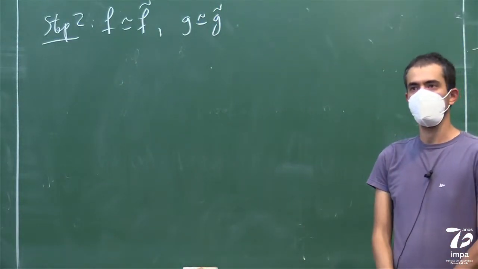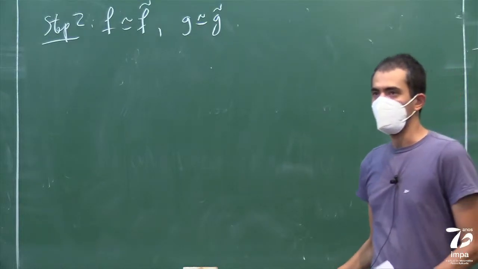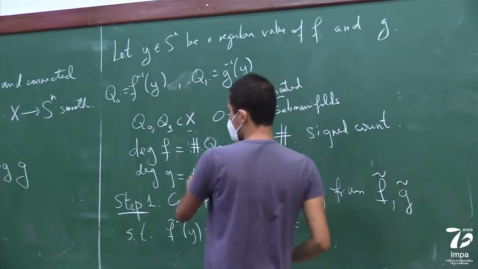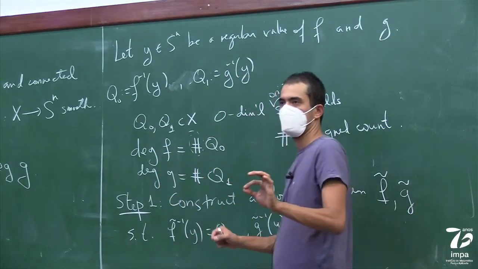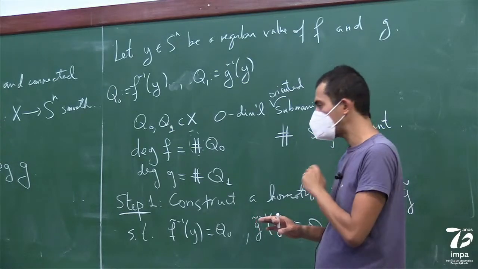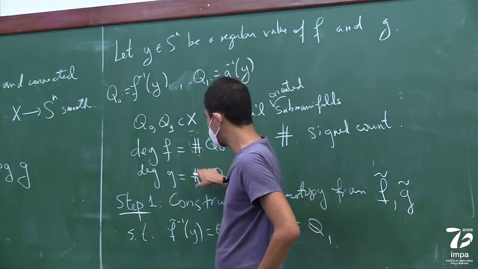Okay? So basically what I'm saying is the information that I want to care about are these points. It's actually just the degree, as you'll see. But I'll need these two to be equal.